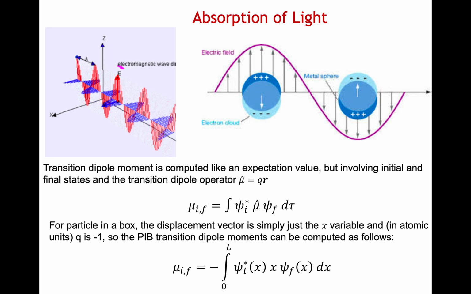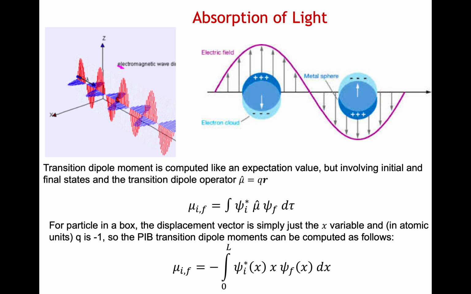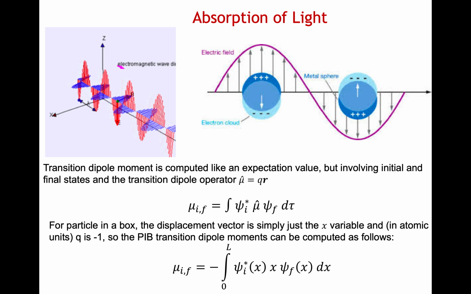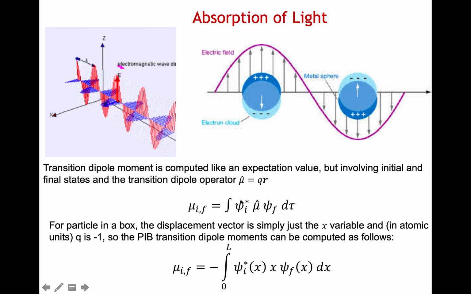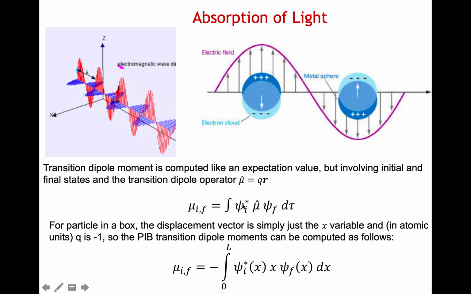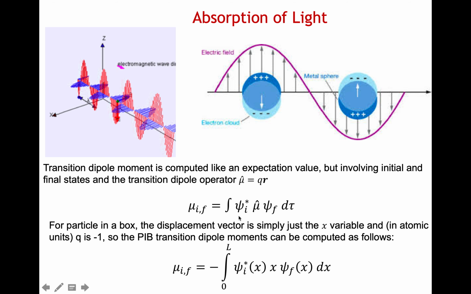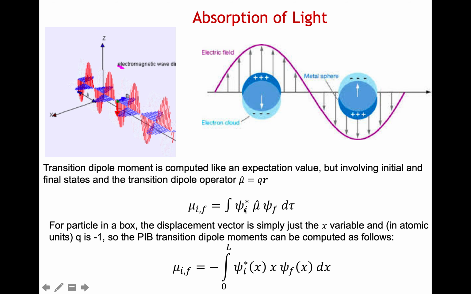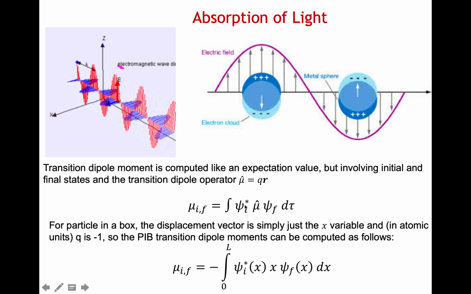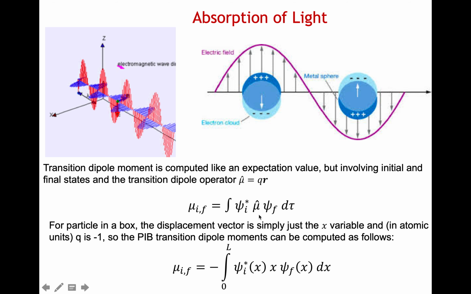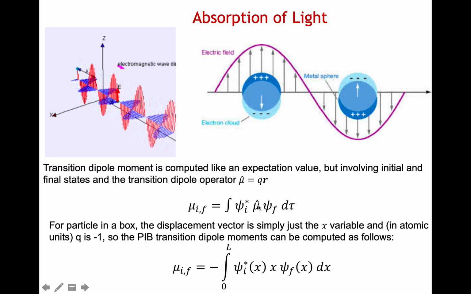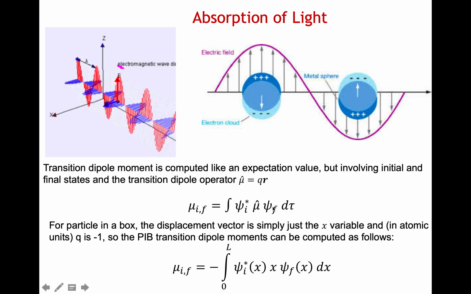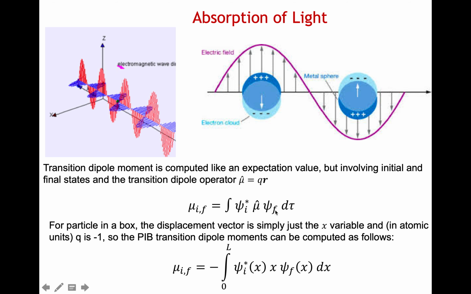Okay, and in fact you can calculate this transition dipole moment in quantum mechanics. It looks an awful lot like an expectation value, except this is a very special kind of calculation where instead of having the same state on the left and right of your expectation value expression, you have the initial energy eigenstate complex conjugate on the left side, and then your transition dipole operator acting upon your final energy eigenstate on the right-hand side.